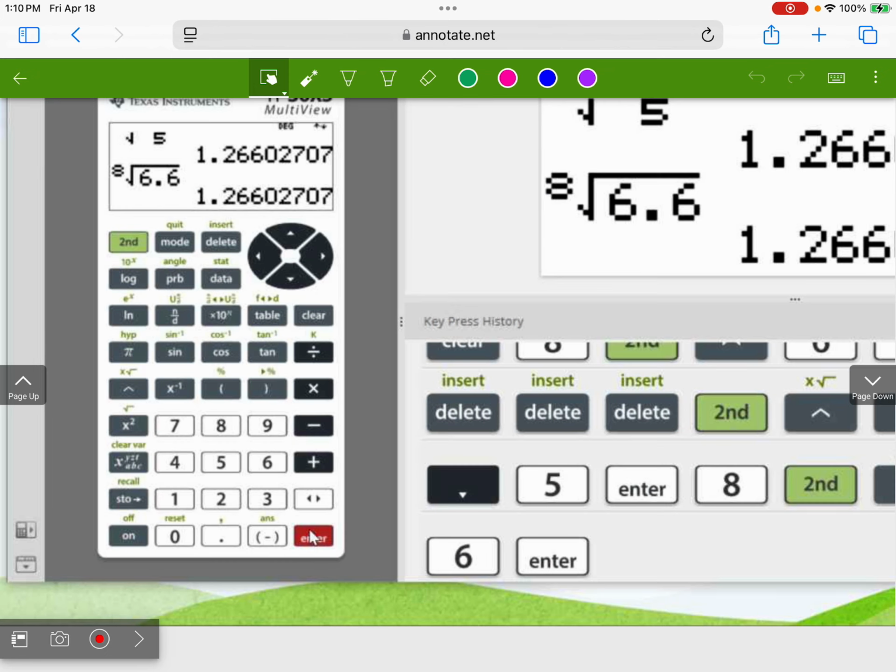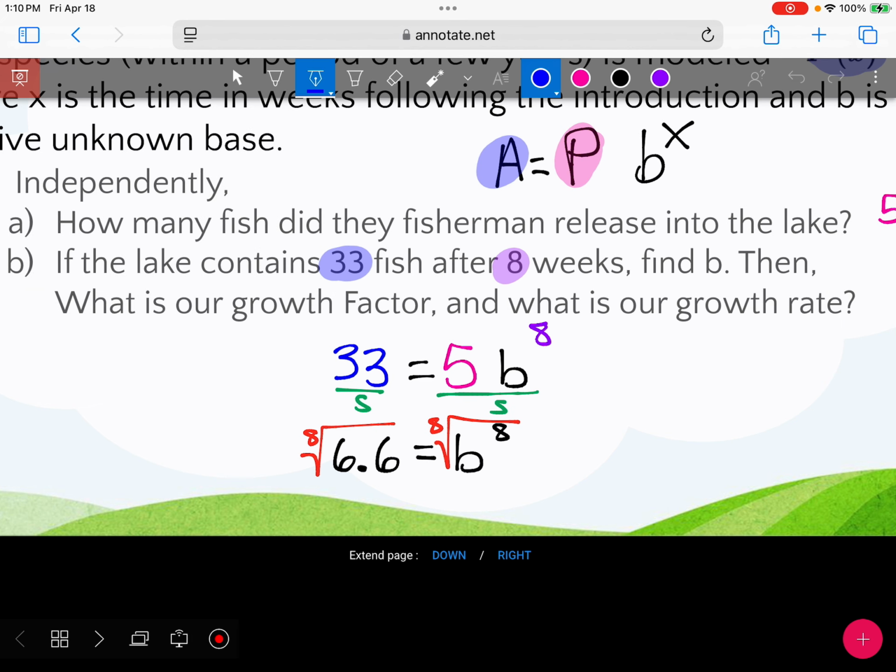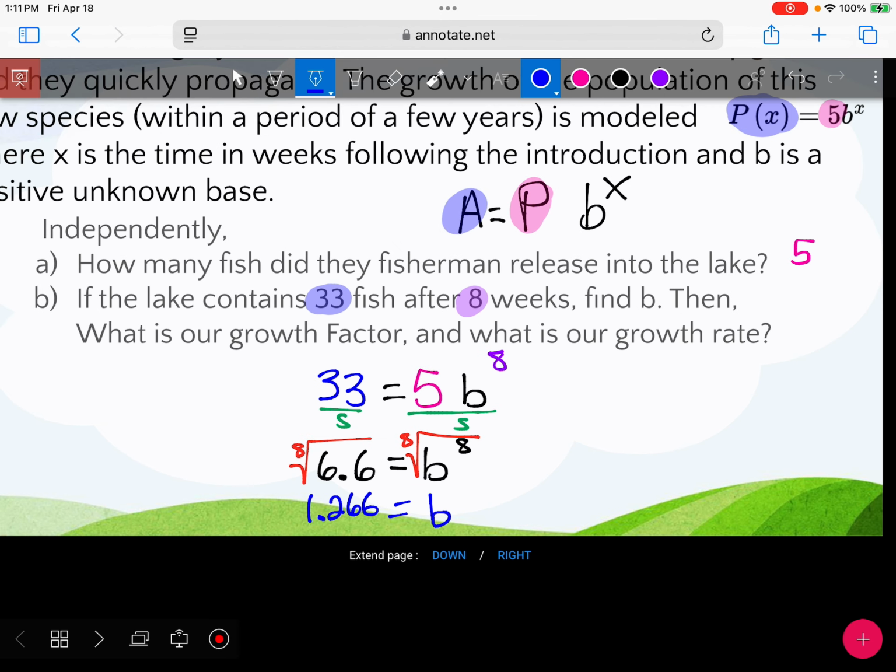We get 1.2660707, blah, blah, blah. I'm going to go ahead and grab 3 decimal places. They don't tell us where to round, but that's what I'm going to grab. So our base is 1.266. So that's what this B is.